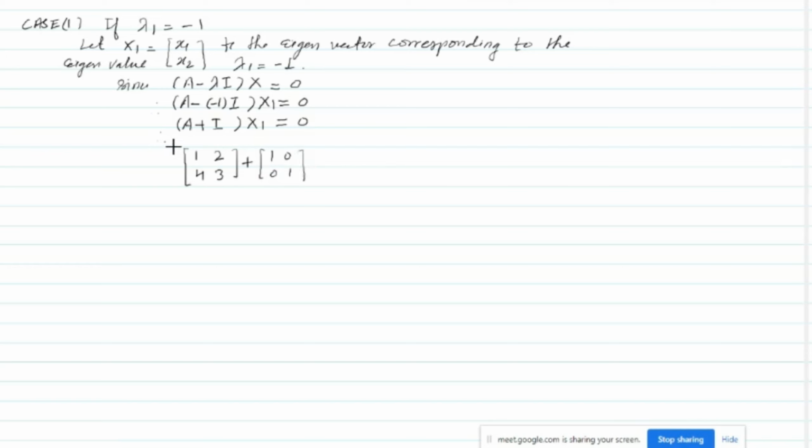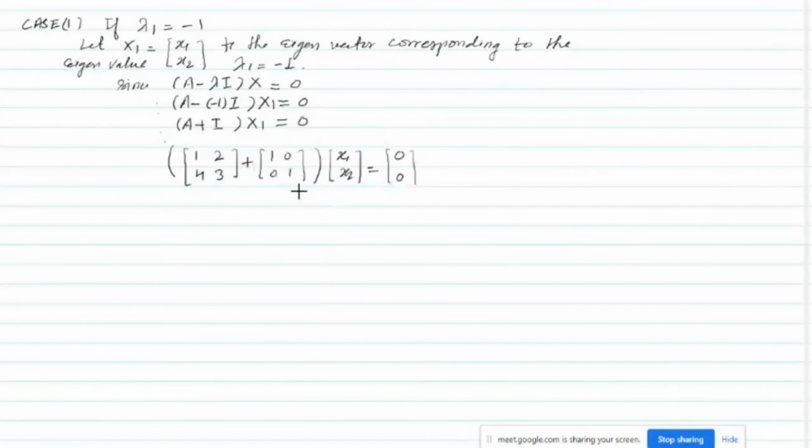Okay, and put a bracket, and x is x1, x2, and this is equal to 0, the null vector, so just write 0, 0.